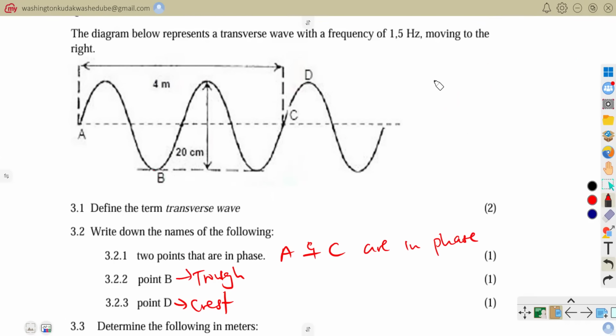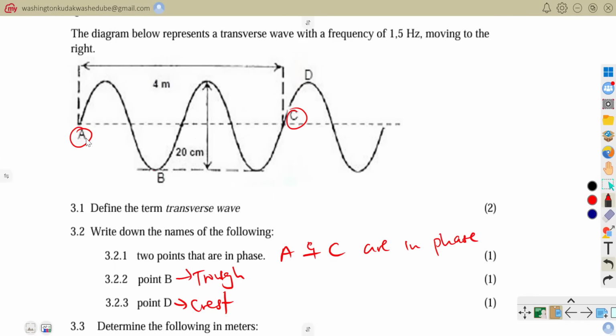Our wavelength is simply a measurement of the distance between two successive points in phase. Two successive points in phase simply means one point after the other which are in phase. I have two points that are in phase, point A and point C, but they are not successive points.